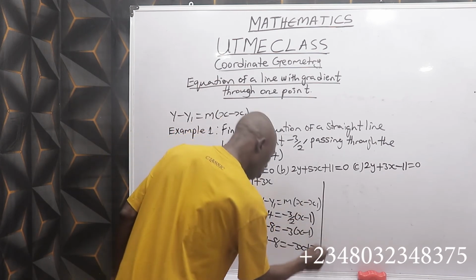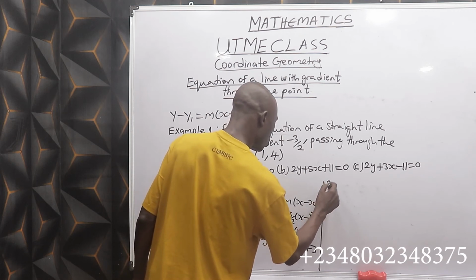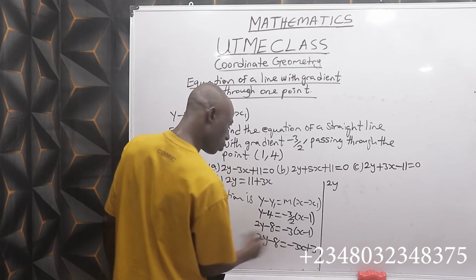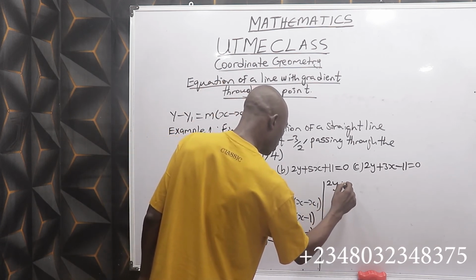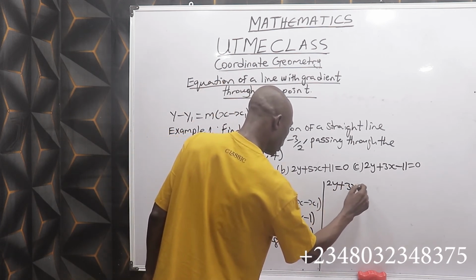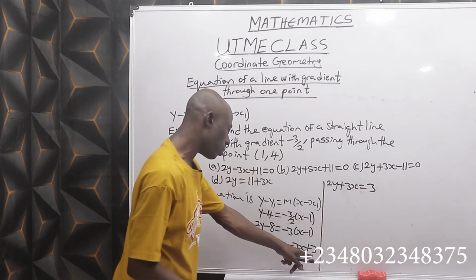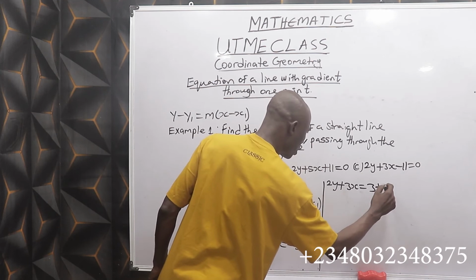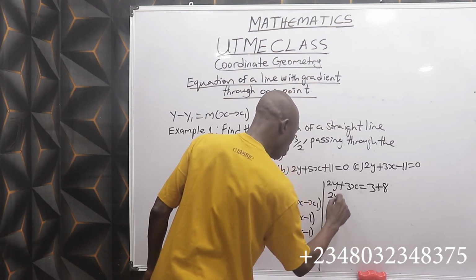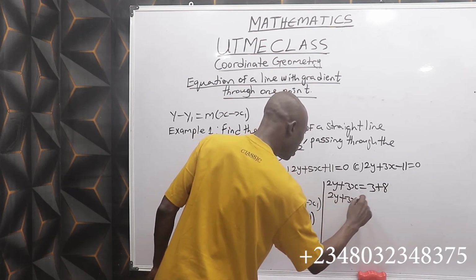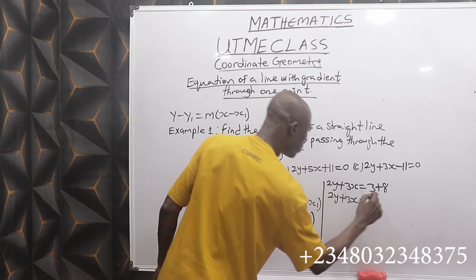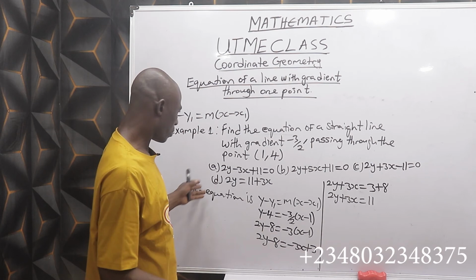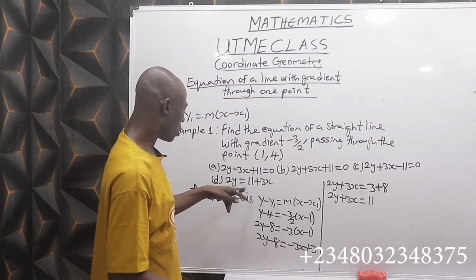So we restructure the equation anyhow. 2y, I bring this negative 3x to this side to have positive 3x equals 3, the 3 that is already here. The negative 8 here, I send it to the other side to become positive 8. So I have 2y plus 3x equals 11. Now, let's look into the option. Which one is very close?